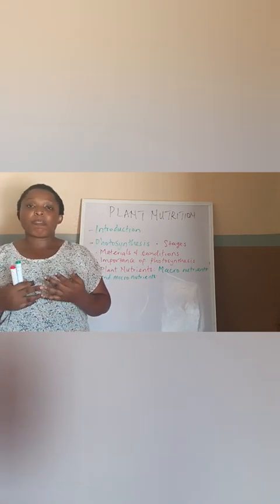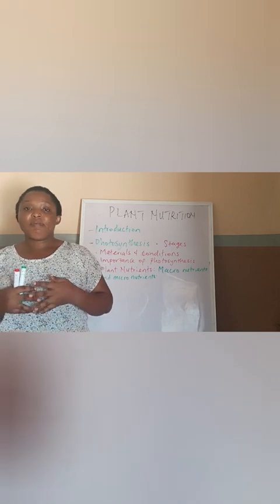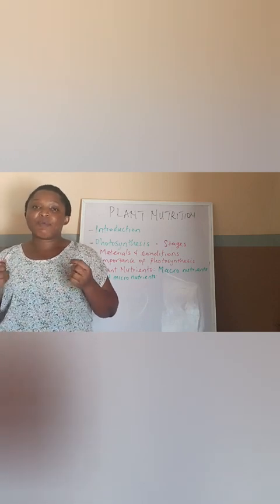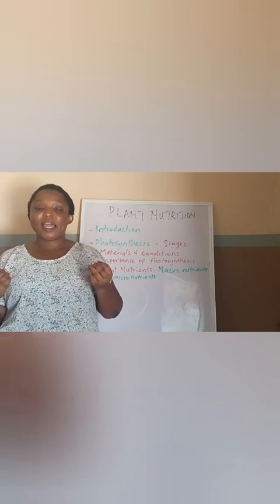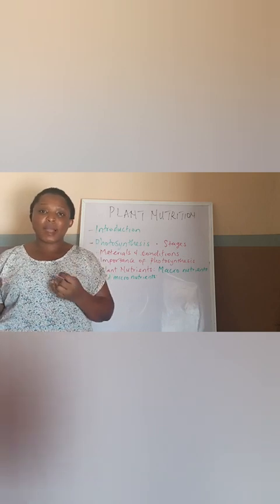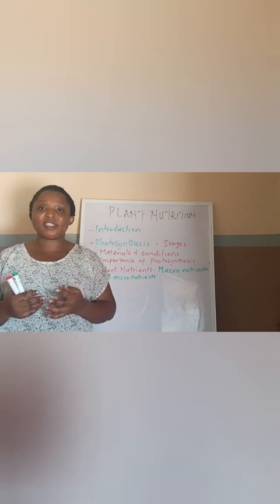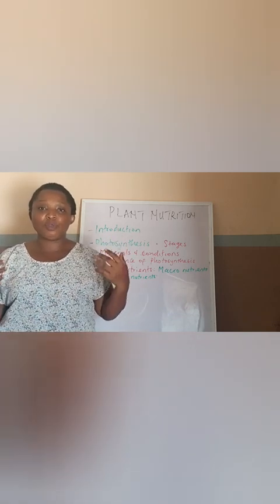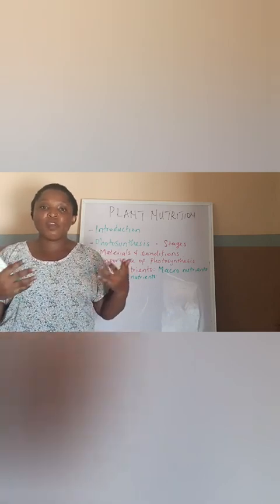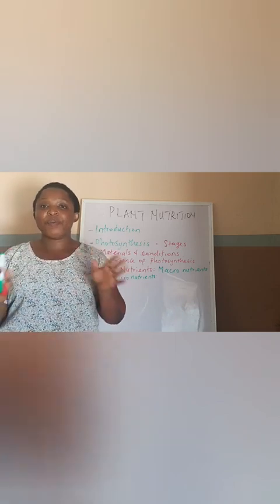And another thing is that it serves to purify the environment. Yes, because in a lot of ways carbon dioxide is being released into the environment, and the accumulation of carbon dioxide in the environment is toxic to man and to animals. But through photosynthesis, this carbon dioxide is used by green plants to make useful materials for us, and in the process the atmosphere is purified.